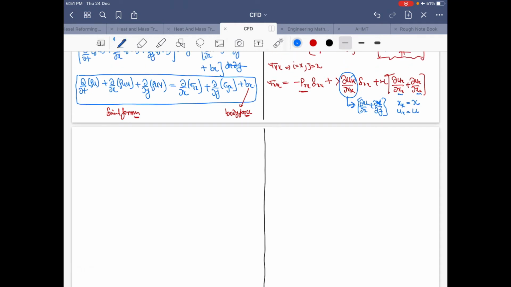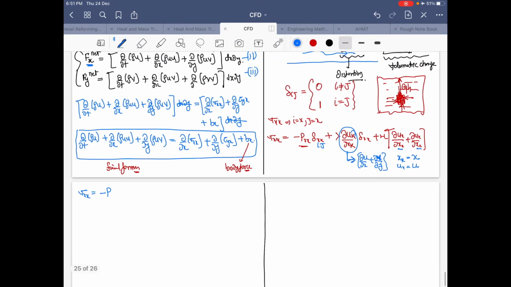So I will have sigma xx equal to minus p, pressure. Here this was my j. I have told you the Kronecker delta function: when i equals j, it becomes 1. So minus p only, plus lambda, that is the second coefficient of viscosity, del u_k by del x_k. Remember this term, how I have written here; I will come to it later. And the Kronecker delta will be 1, so we don't need to write it here now.